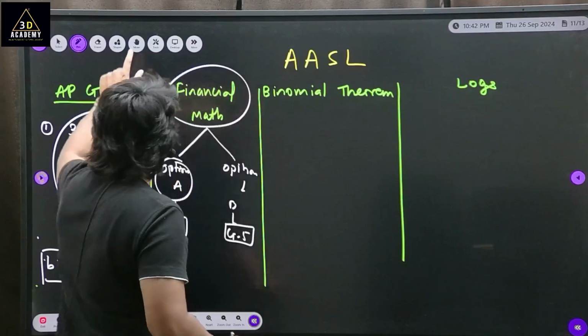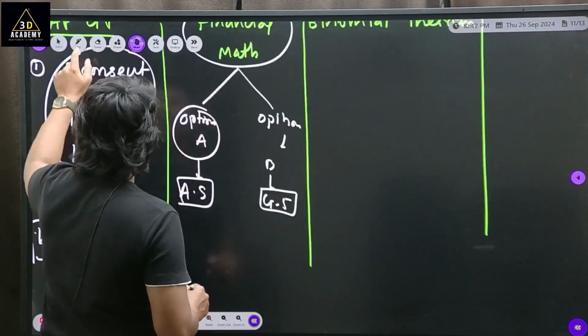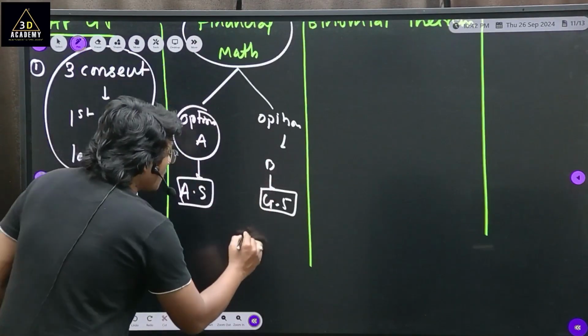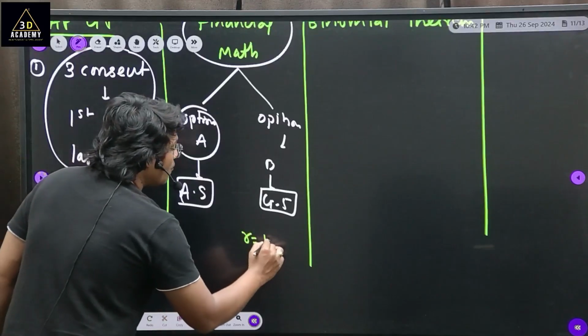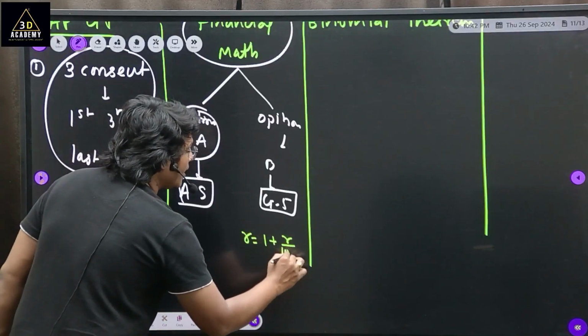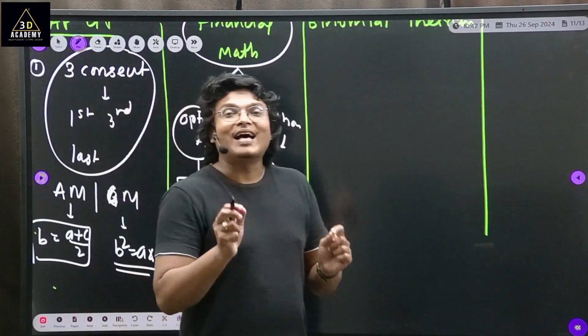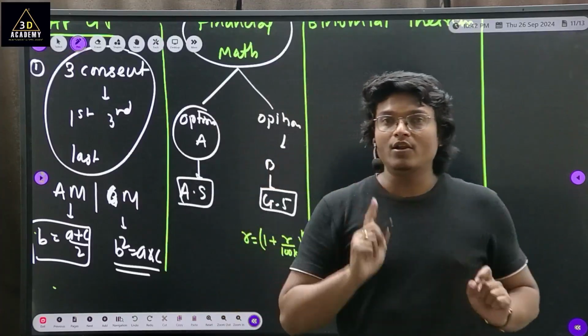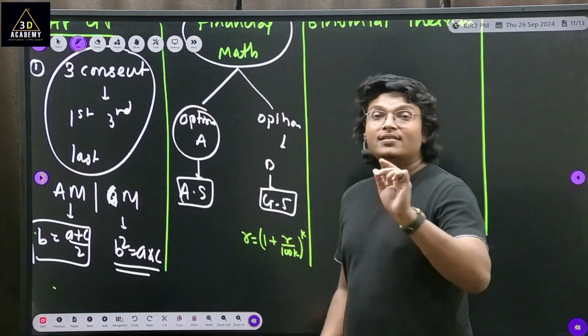Okay, now whenever a financial math question is involved in which we have to find the geometric sequence formula, for the geometric sequence our common ratio formula is nothing but (1 plus r upon 100k) raised to the power k. Usually it is asked for 1 year, that's why we already put n as 1 here. Now what is r? r is the rate of interest.